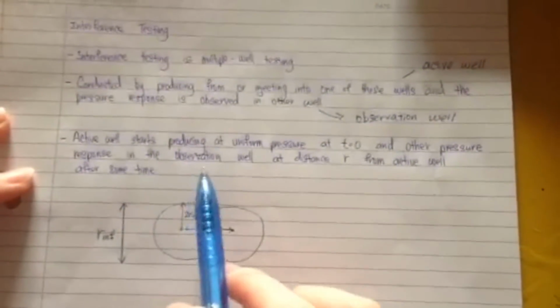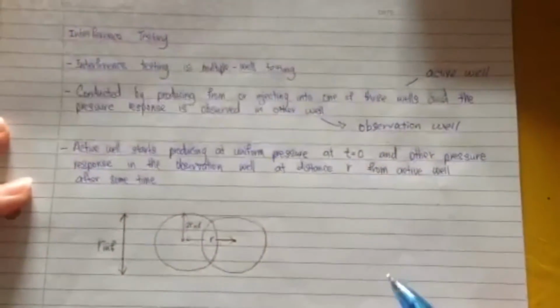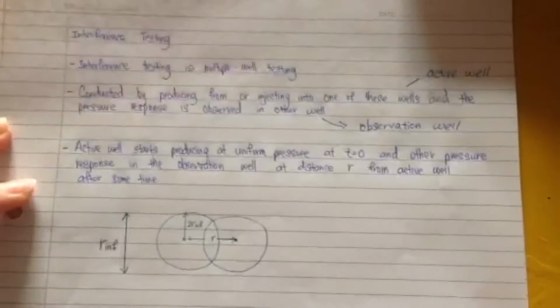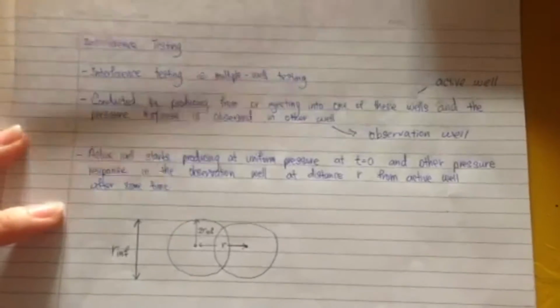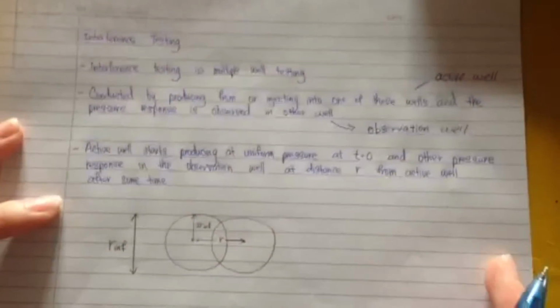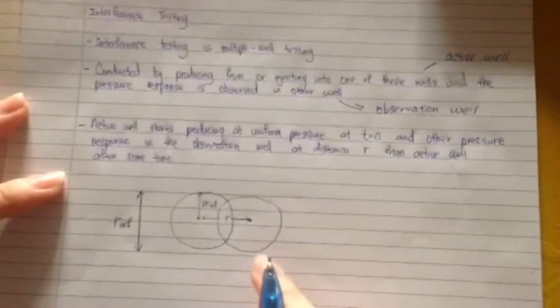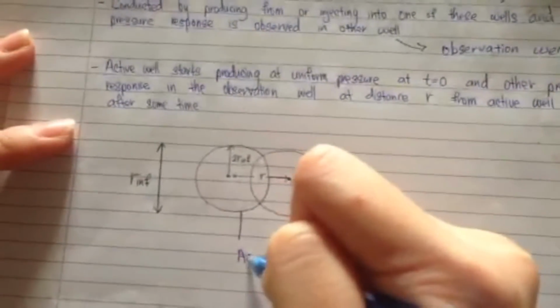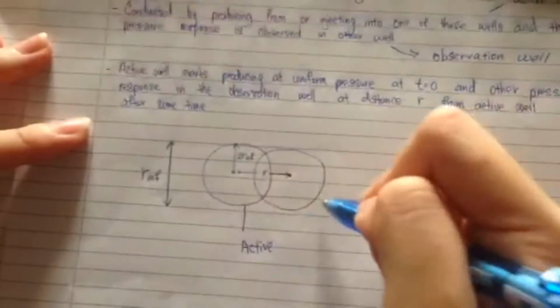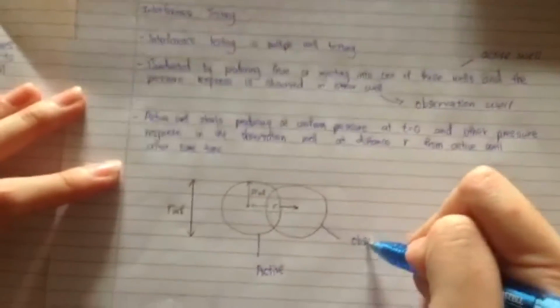The active valve starts producing at uniform pressure when the time is equal to 0, and we observe the pressure response in the observation valve at distance r from the active valve after some time. As shown in the figure below, this is the active valve and this is the observation valve.